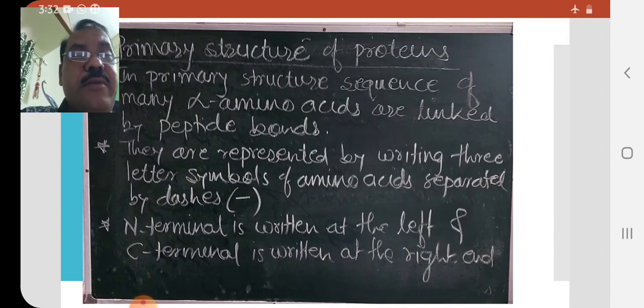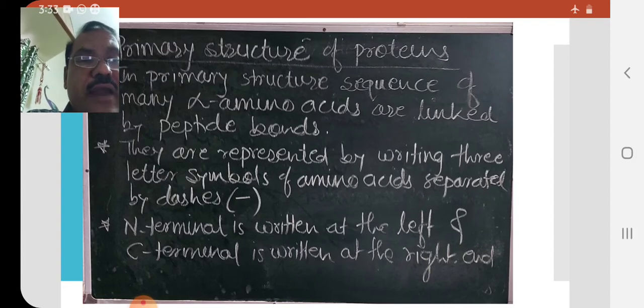They are represented by writing three-letter symbols of amino acids separated by dashes. The N terminal is written at the left end. N terminal means the terminal containing nitrogen, the NH group, and the C terminal, the terminal containing the CO group, is written on the right hand side.